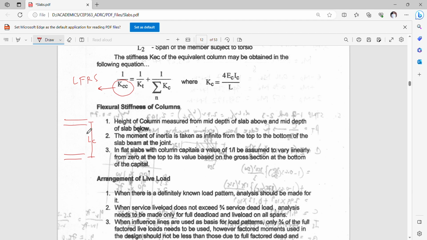So if you look at the stiffness of a slab created on this entirety of the building diaphragm area, then we can say that the moment of inertia at the top and bottom of the slab has an infinite value. So your I within this top and bottom of slabs will always be infinite.